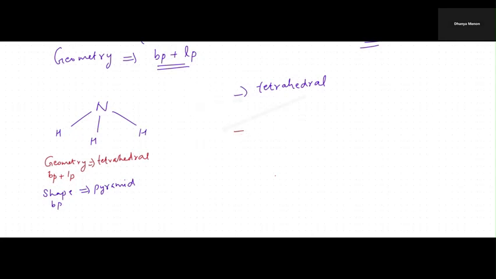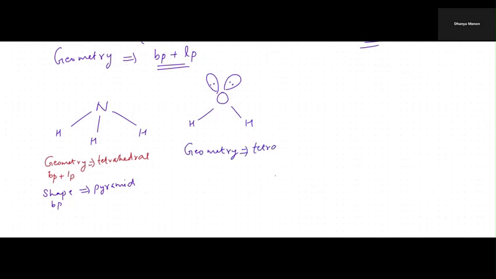Now, water. Water is oxygen, hydrogen, hydrogen. It has two lone pairs, right? What is the geometry? Geometry is tetrahedral, because it depends on both bond pair and lone pair.